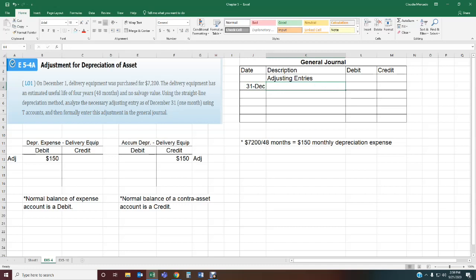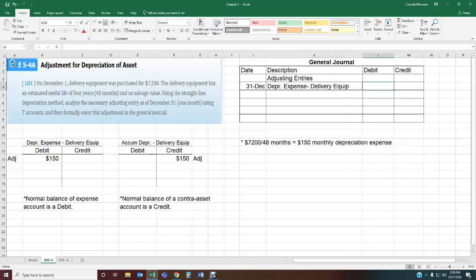So all we basically have to do is copy whatever we did on our T accounts. So what did we do? Well, we debited depreciation expense for the delivery equipment, and that was for $150. And we credited accumulated depreciation for the delivery equipment for $150.